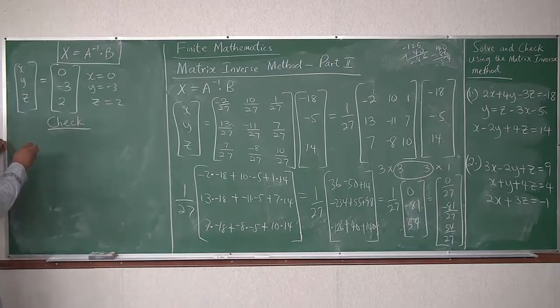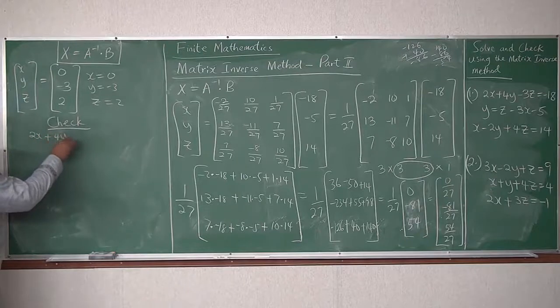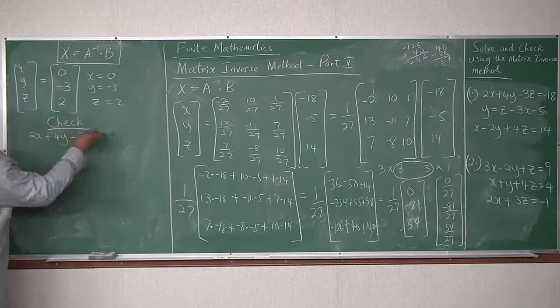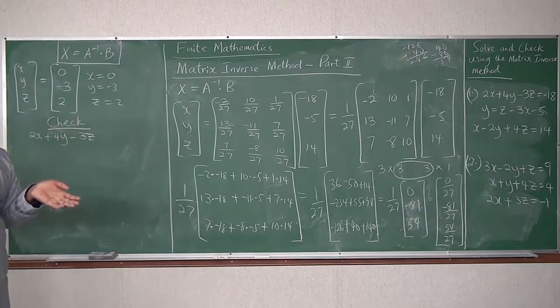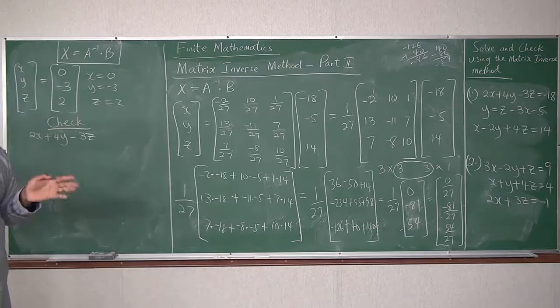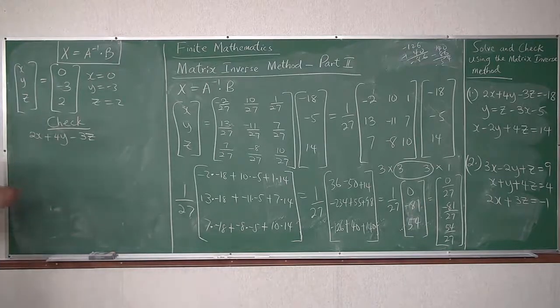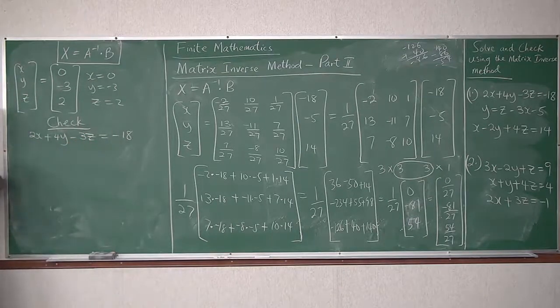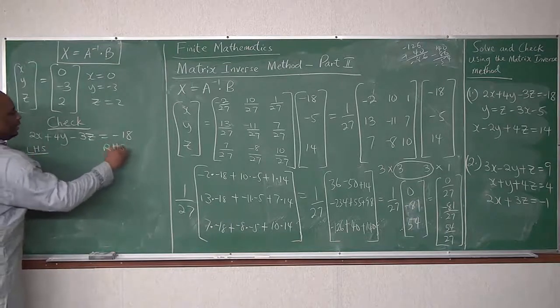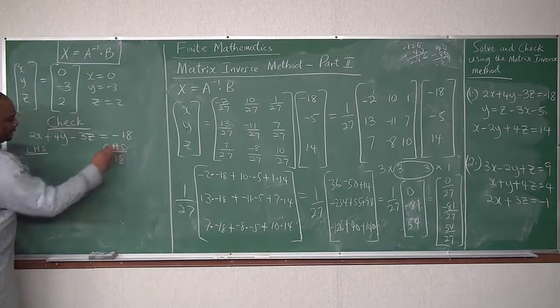Let's check for equation 1: 2x plus 4y minus 3z. And you check with the main equation, folks, not the modified equation. This is the first equation, left hand side, right hand side. The right hand side is negative 18.